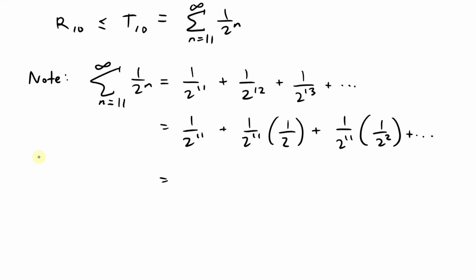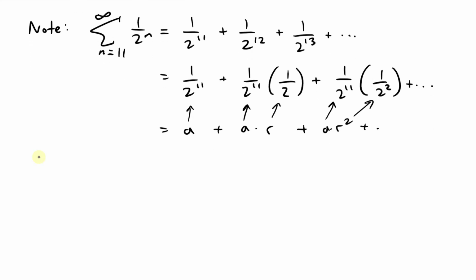In other words, what we get is a, plus a times r, plus a times r squared, and so on.